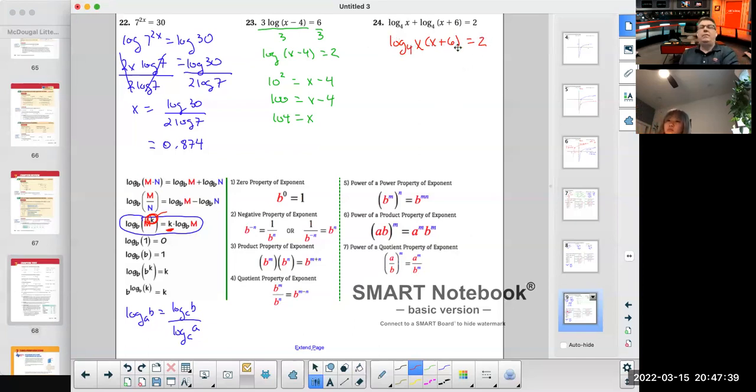So if I have the log of something equal to a number, I should write it in exponential form, because it's the same thing that just happened over here. 4 squared equals x times x plus 6. Do you remember how to go from logarithmic to exponential back and forth like we've been doing here? Kind of.